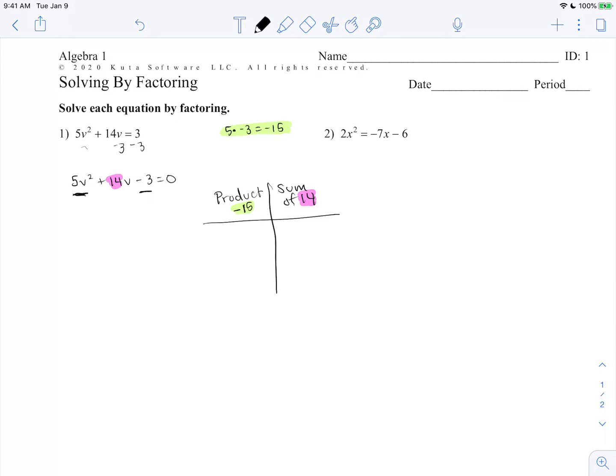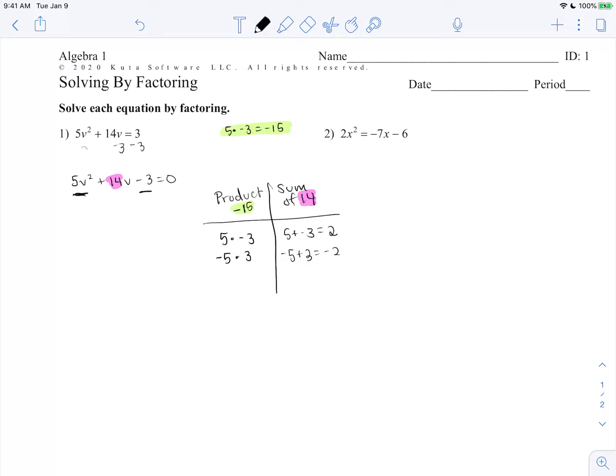So I like to always just start: what are some numbers that multiply to negative 15? We know 5 and negative 3 do, and negative 5 and positive 3. But if I add either of those pairs together, 5 plus negative 3, I get positive 2. Negative 5 plus 3, I get negative 2. Neither of those are 14, so that's not what I want.